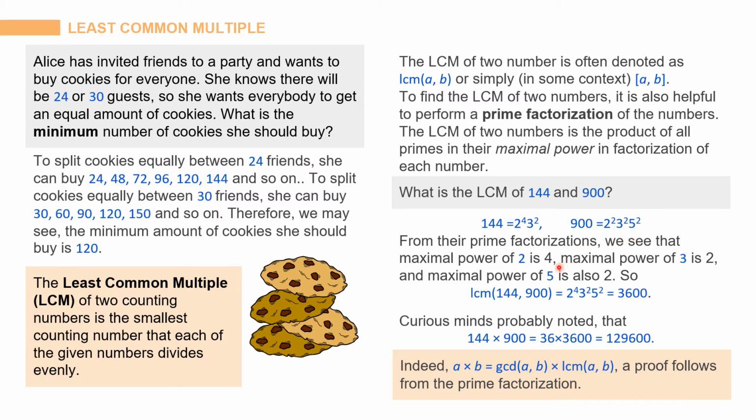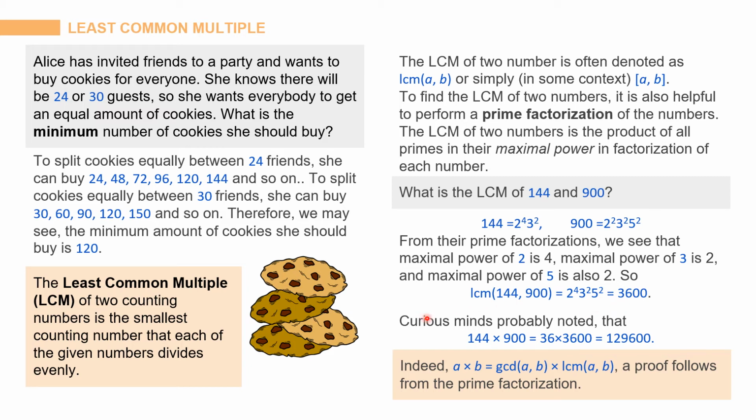So looking at the maximum power of a prime that appears in any of them and multiplying those primes together, we see the LCM of 144 and 900 is 2 to the 4th, 3 squared, 5 squared, which equals 3,600. Okay.